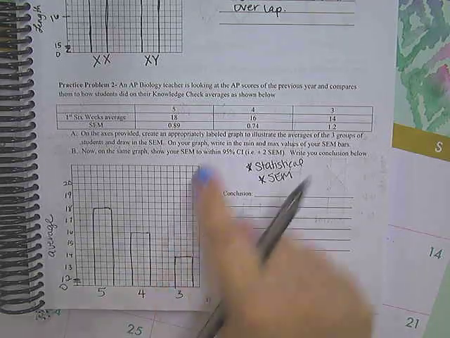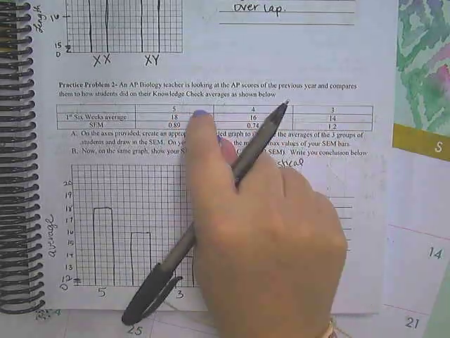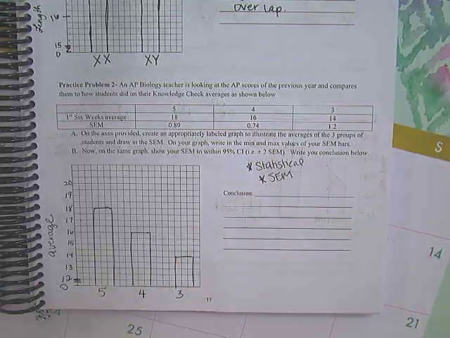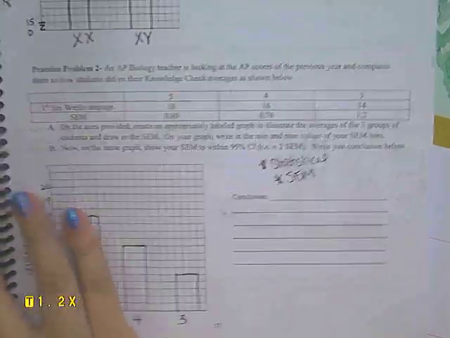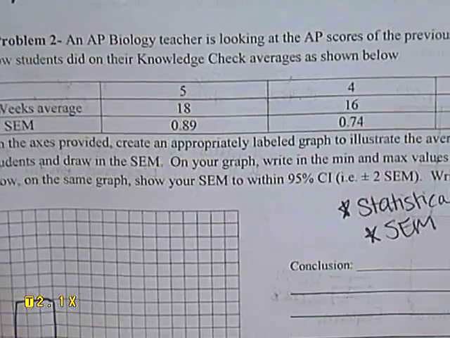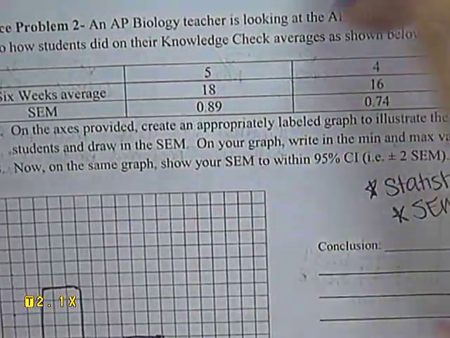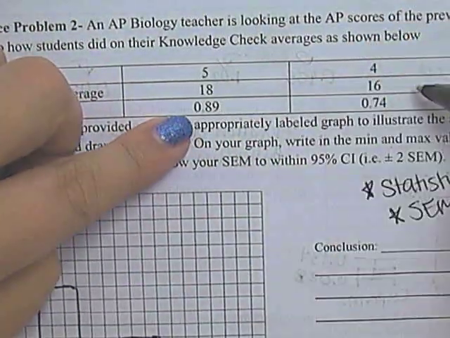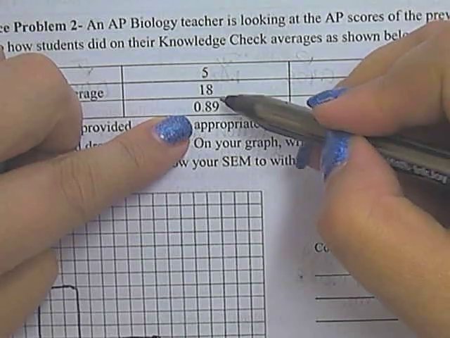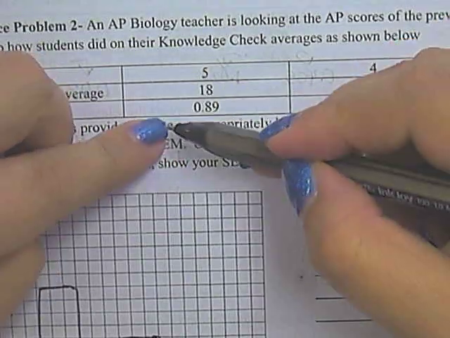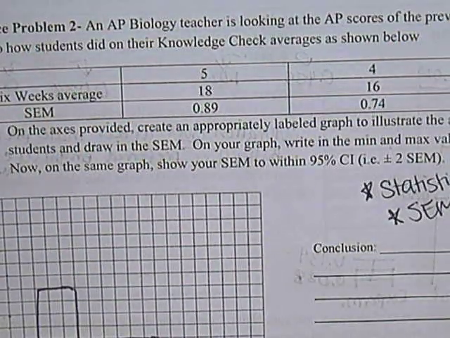So once you have graphed the averages of the data, now you need to look at the standard error of the mean. When we add the standard error of the mean, we're going to use the data that's given to us in the table. You have to find out what the maximum and the minimum for each of these bars is going to be.